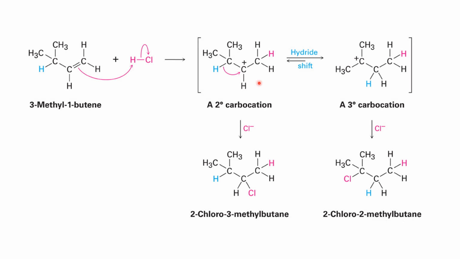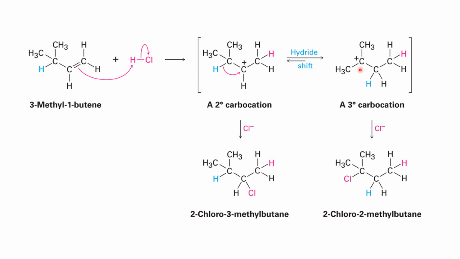Now here, maybe the intermediate is this secondary carbocation, and then this hydrogen is shifted from this position to another position. So this is a so-called hydride shift. Effectively, the result is interpreted as H- moved to this position, and that's why the carbocation was rearranged to this position.